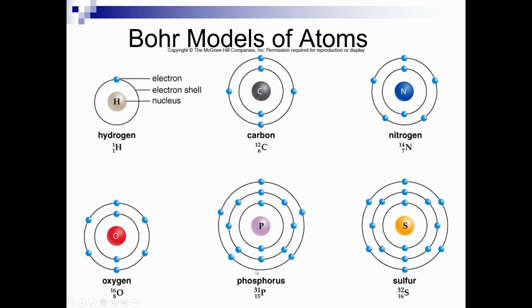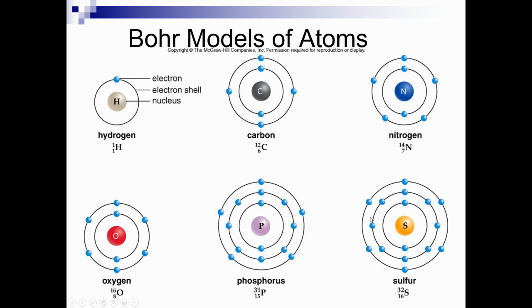I can do that until I have 8. So for example, phosphorus with 15 protons, and so 15 electrons: 2 in the first shell, now it's filled. I have to move to my second shell that can hold 8. So I have 8, plus 2, I have 10, but I still need 5 more, so I'm going to go to a third shell.